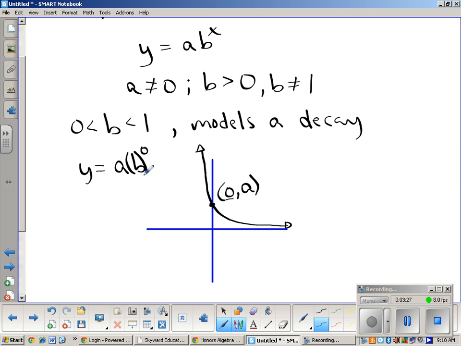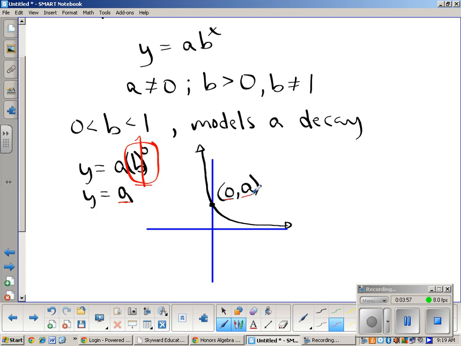And so that means I get y is equal to a times 1, which is a. And so when x is 0, the y value is a.